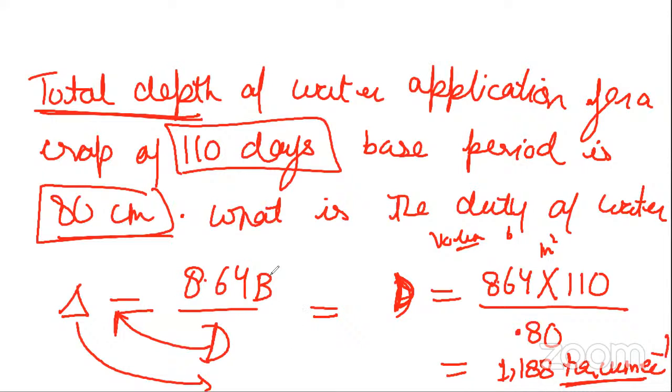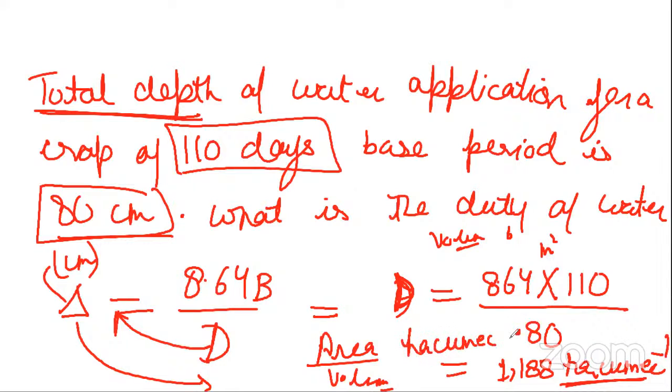You have to remember this also: your delta unit will be in centimeter, but your duty will be area upon volume, and here the volume is usually cubic meter per second. For area we have hectare, and per cubic meter per second is denoted by the power -1.